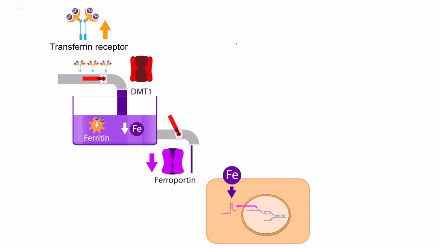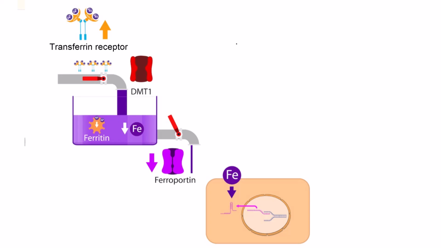At the same time, the decrease in ferroportin translation will reduce iron efflux from the cell, and subsequently the iron level in the cell will begin to increase.